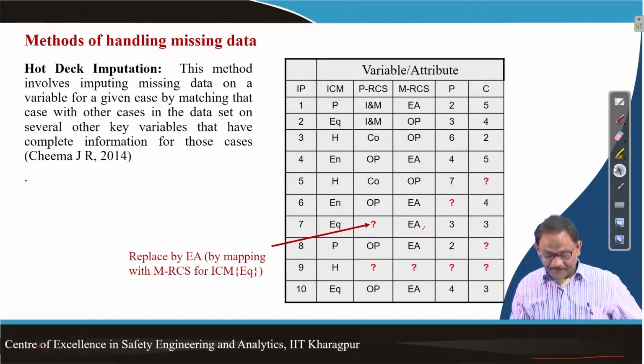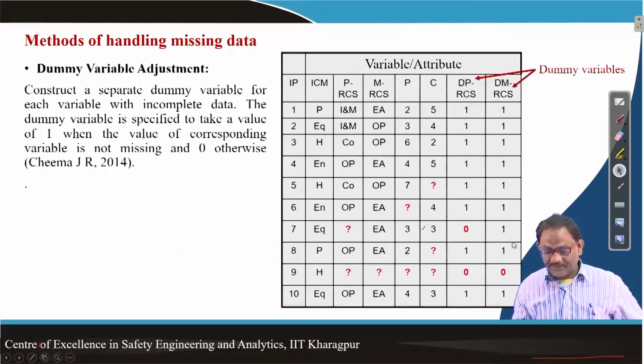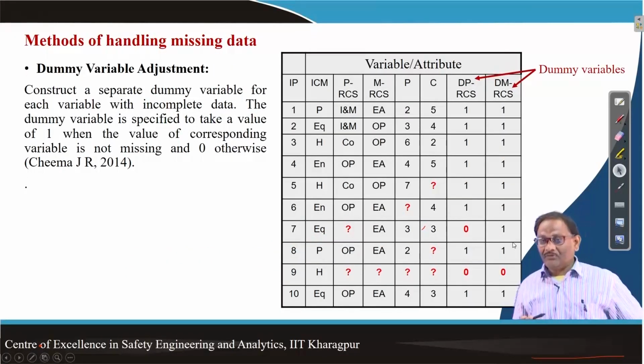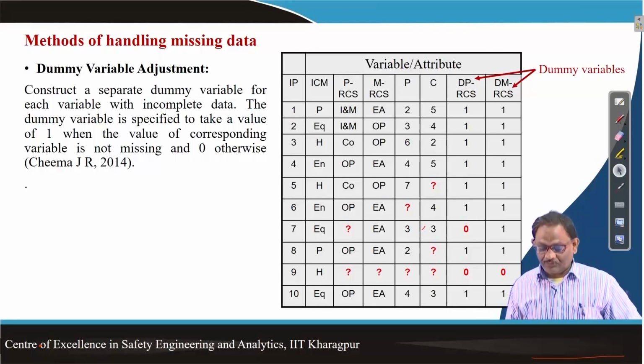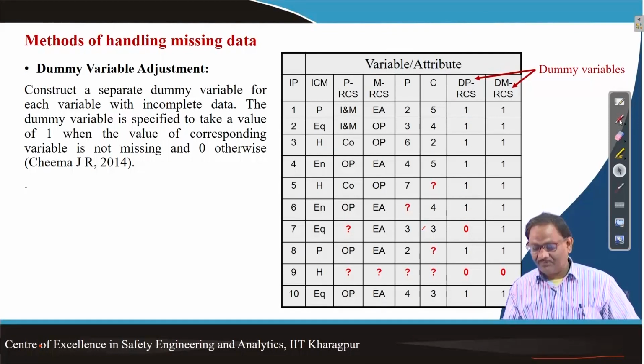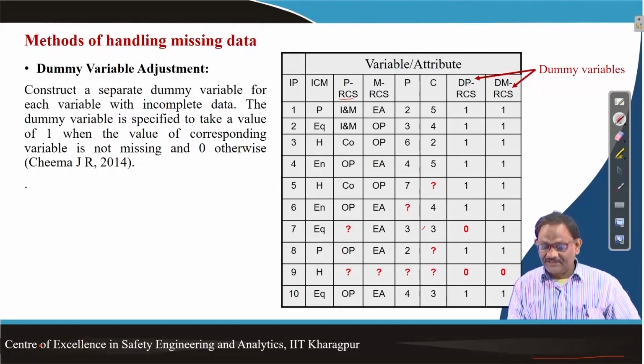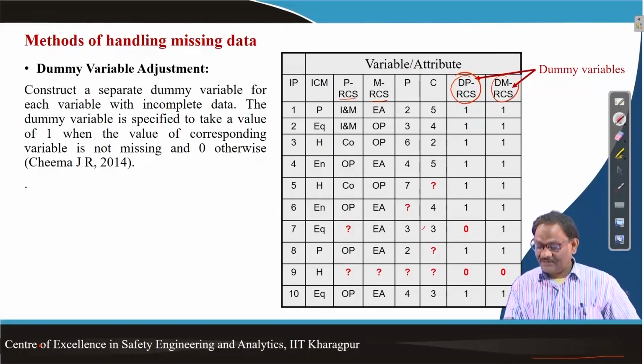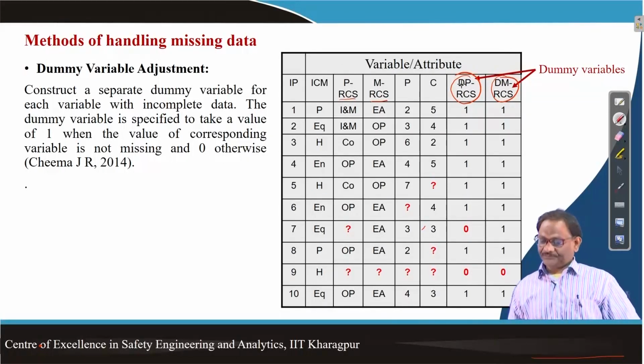There are a few more discussion points, and dummy variable adjustment is another one. What you basically do, wherever you have missing data, for that variable create a dummy variable. For example, we have created dummy variables here for PRCS and MRCS. We are writing dummy PRCS and dummy MRCS.